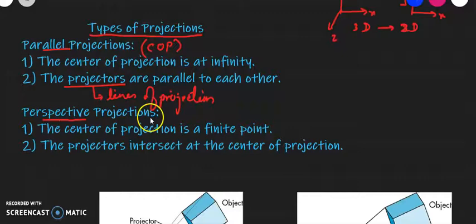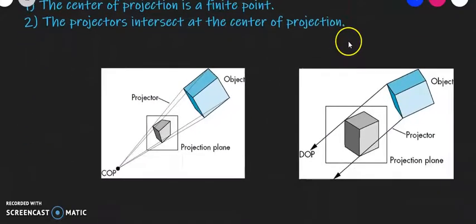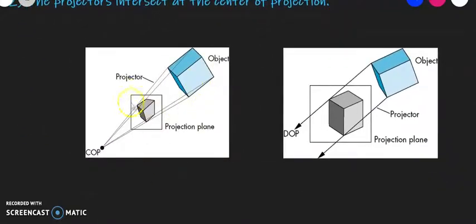Similarly, for perspective projection, the center of projection is a finite point and the projectors intersect at the center of projection. We will see this with the help of a diagram. Here we have the projection plane and the object in 3D, and I am looking at the object from this side. So this becomes my center of projection.